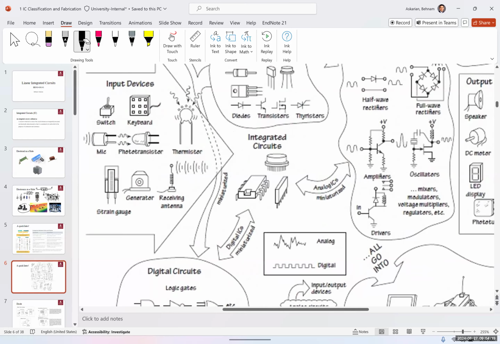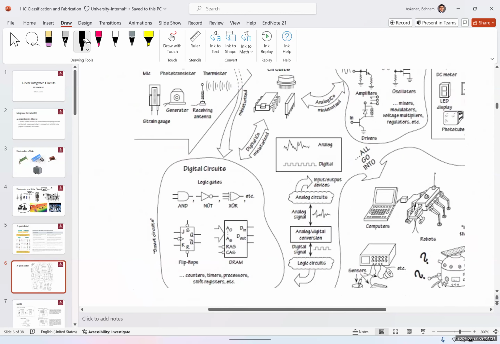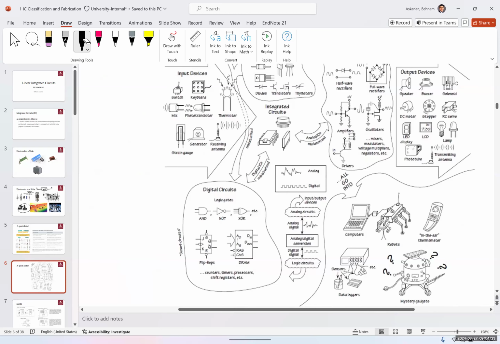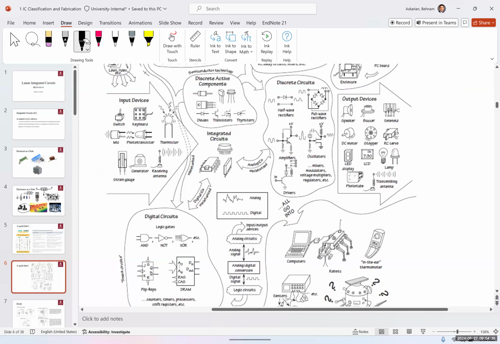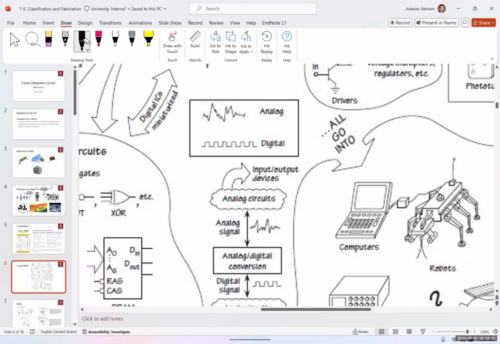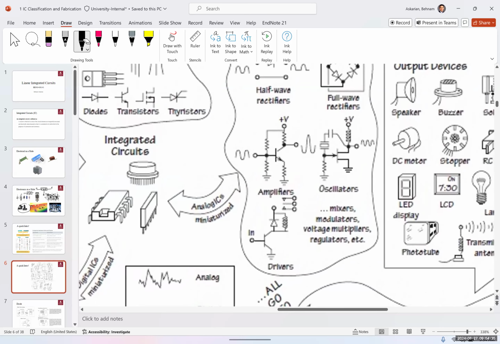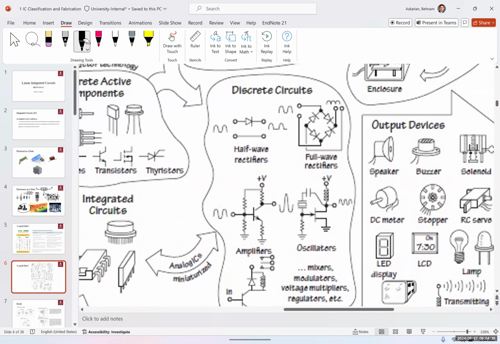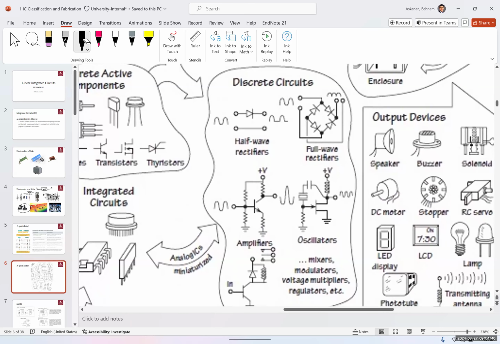Then we have integrated circuits, and integrated circuits could be digital circuits or they could be analog circuits. Some examples for analog circuits would be the op amps, and for analog ICs, one example could be again amplifiers, a signal amplifier, like what you see on the left here, which is a common emitter BJT transistor with a voltage divider bias.